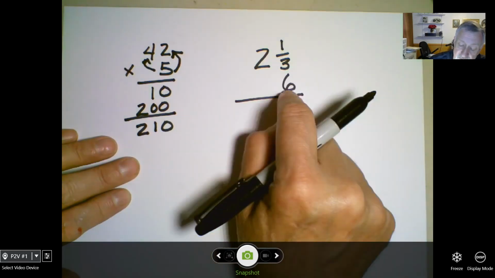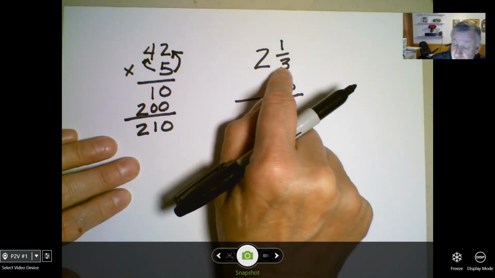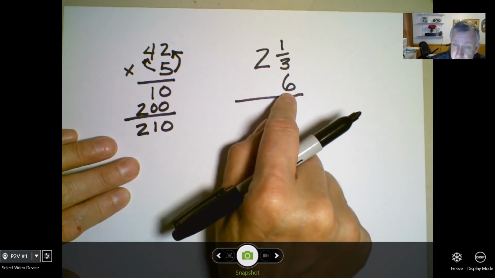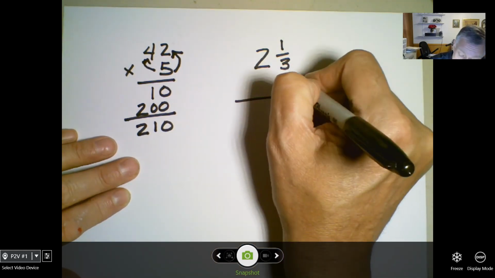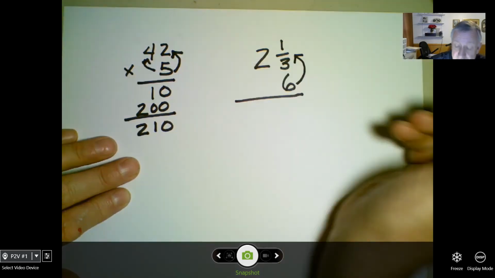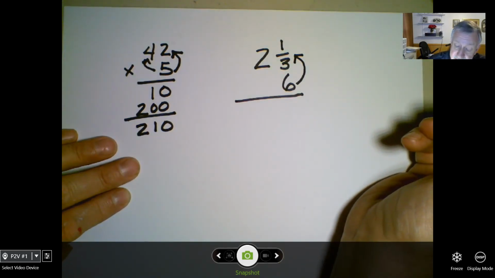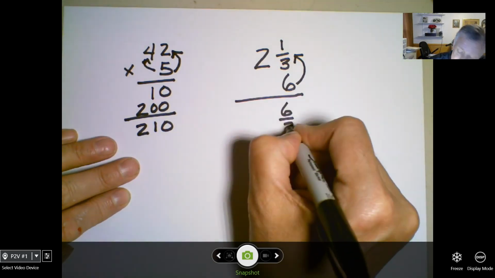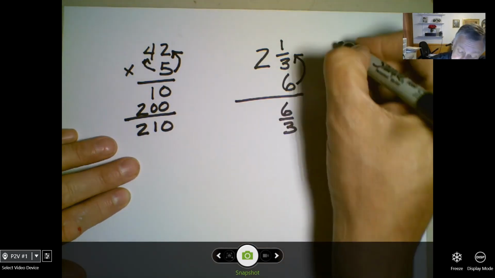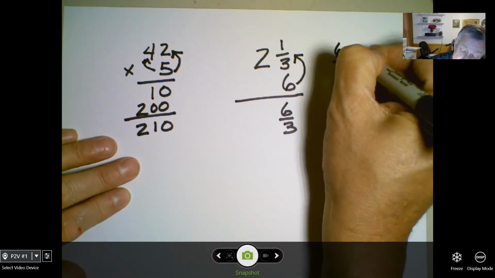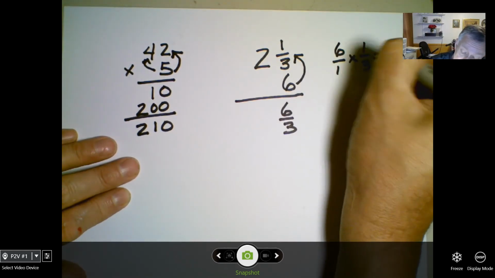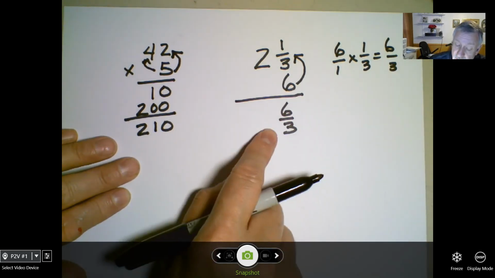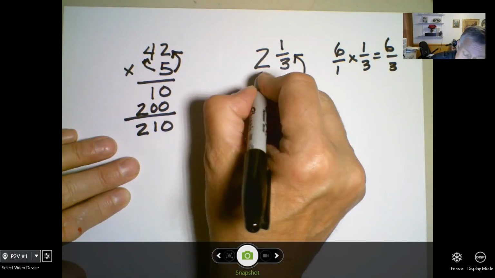Okay, I've got two place values here. I've got a fractional place value and I've got a whole number place value. Here I just have a whole number place value. Well, I have to multiply the 6 times this place. Okay, so 6 times a third is 6/3. Okay, 6 over 1 times 1 over 3, 6/3.